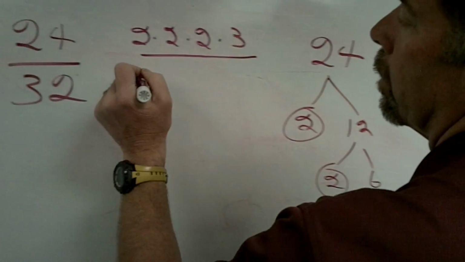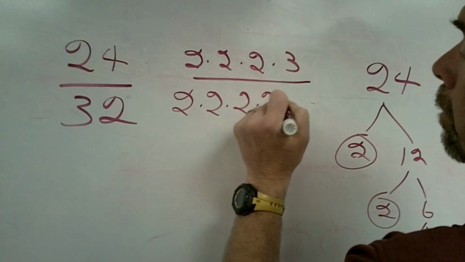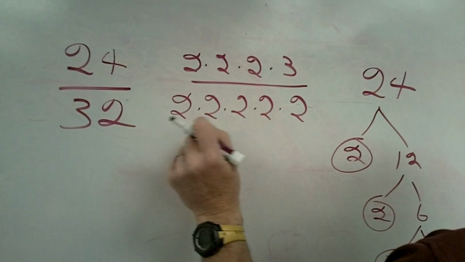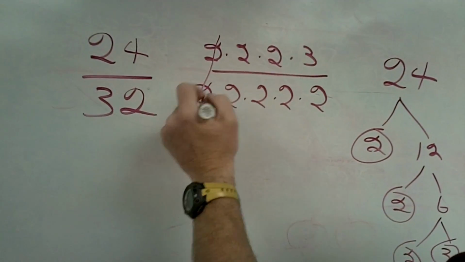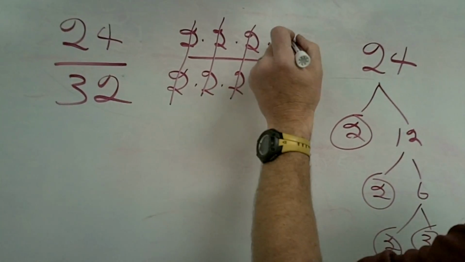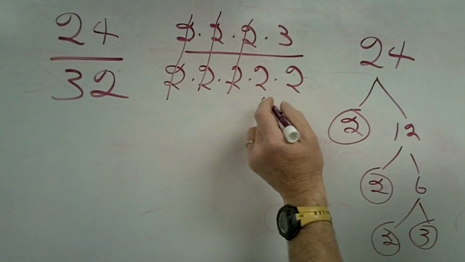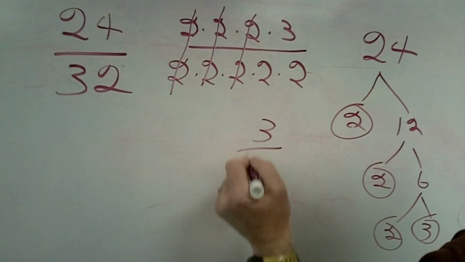All right, so I'll put 5 of those up here. 1, 2, 3, 4, 5. Okay, now I can eliminate the ones. I'm actually dividing it. Okay, so I'm left with 3 over 2 times 2, which is 3 over 4.